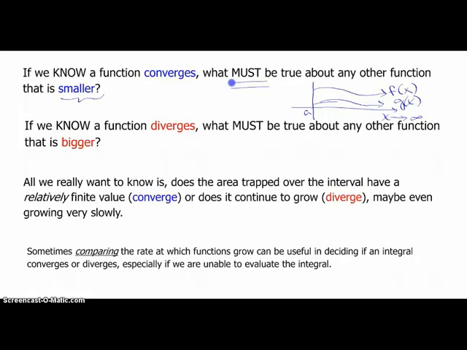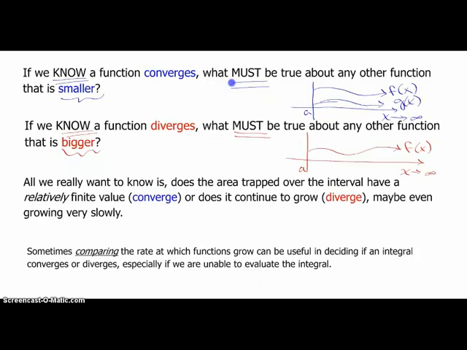And so it turns out that it's really important for us to know a set of functions where we already know what the behavior is. And if we know that a function diverges, what must be true about any other function that is bigger?